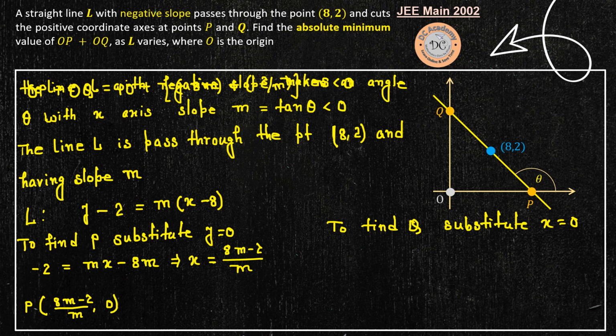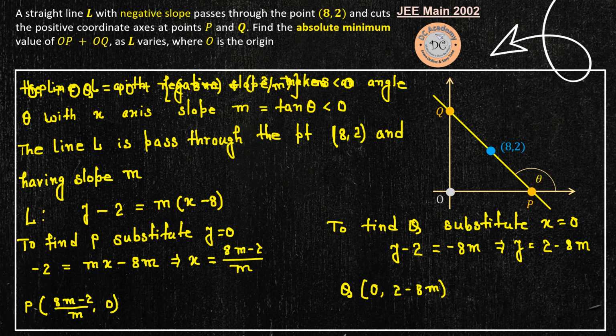So if I substitute x equal to 0, we can say that y minus 8 is equal to minus 2m. That implies y is equal to 8 minus 2m. So the coordinate of Q is x equal to 0 and y equal to 8 minus 2m. So we found the coordinates of P and Q. And here we remember that m is less than 0.